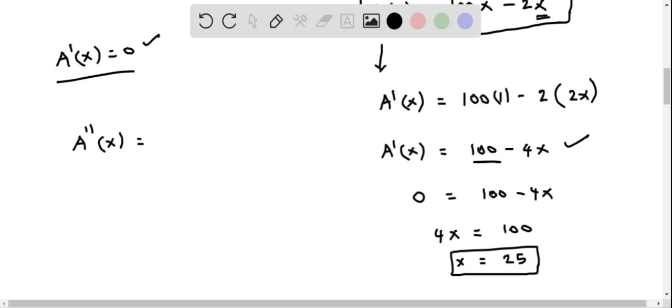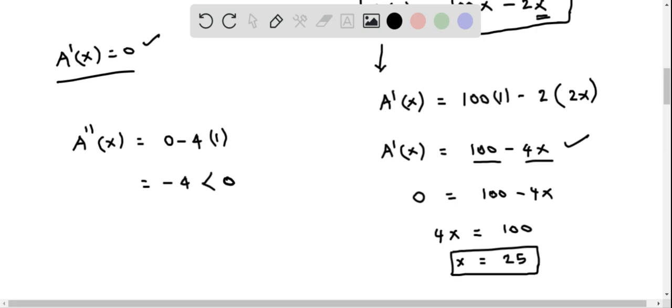The derivative of 100 is 0, minus 4 times the derivative of x, which is 1. So this is negative 4, and this is always less than 0 irrespective of what you replace x with.